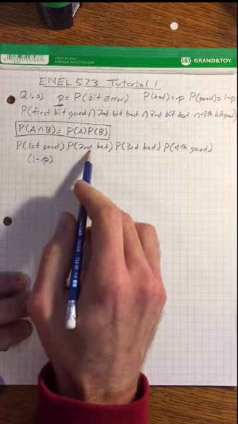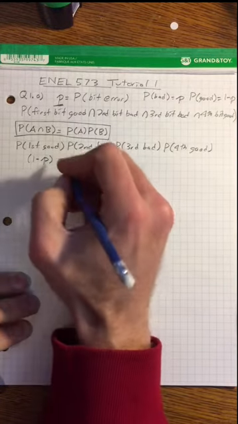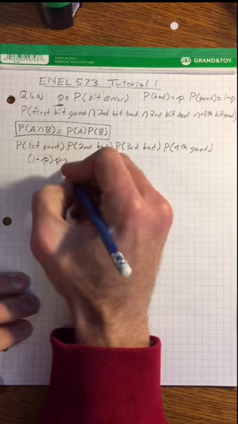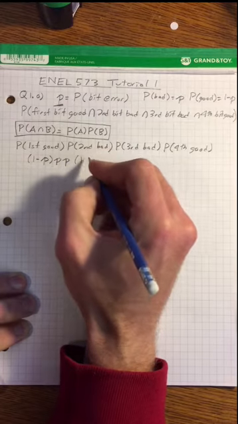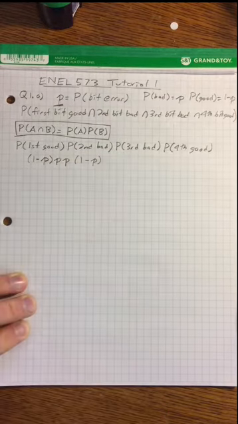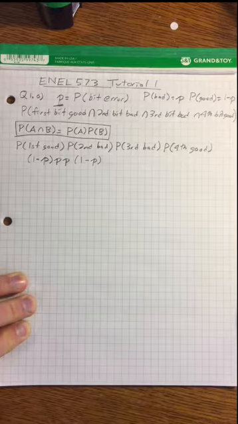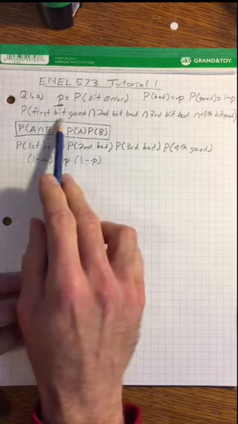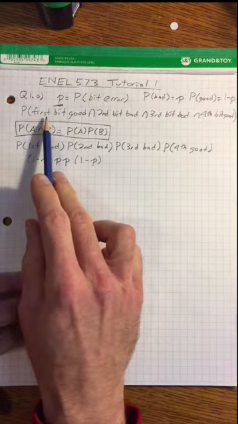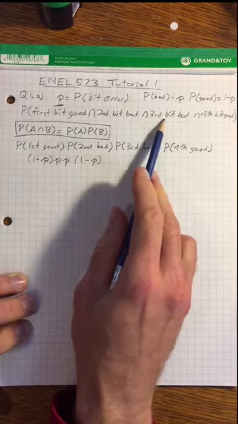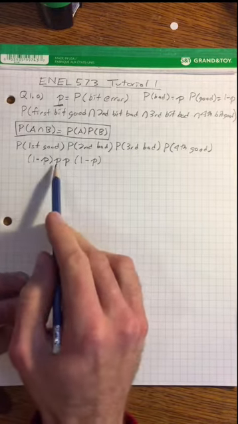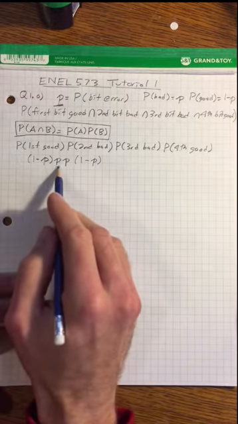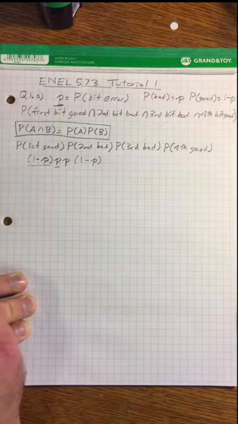The probability that the second is bad, the third is bad, is equal to p, and the probability the fourth is good is equal to 1 minus p. And that's it. The whole purpose of part A is to get you thinking about how we can translate this notion of a bit being good and bad and bad and good to basically the product of a bunch of terms that are equal to p or 1 minus p.